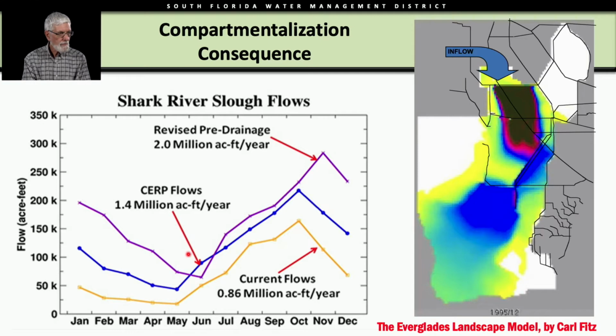And SERP will be focused mostly on the dry period, trying to prevent that soil oxidation and the change in microtopography, and I'll go more into some of the ecological consequences of this infrastructure in a minute.